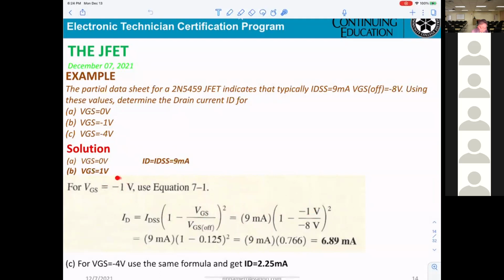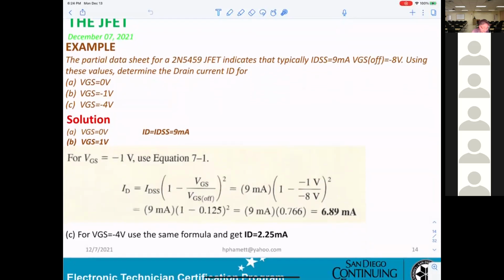That's what they want you to calculate, with VGS off of minus 8 volts. And you come up with the answer 6.89 milliamp. And if they want minus 4 volts, you can use the same formula to calculate, and the answer will be 2.25 milliamp.